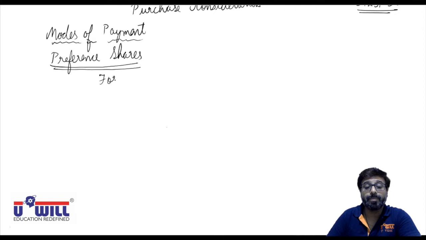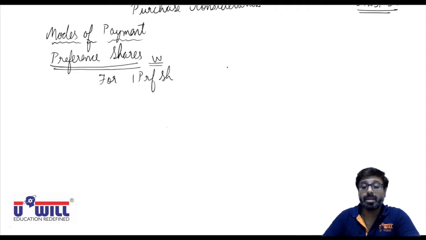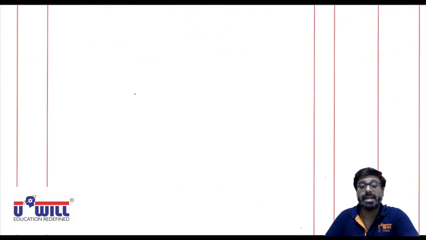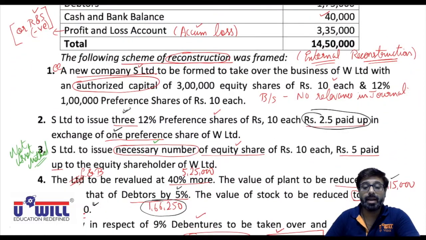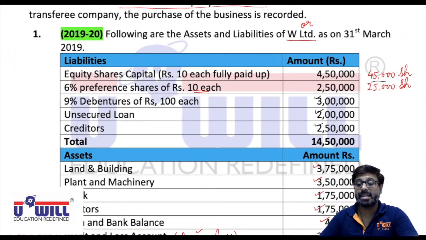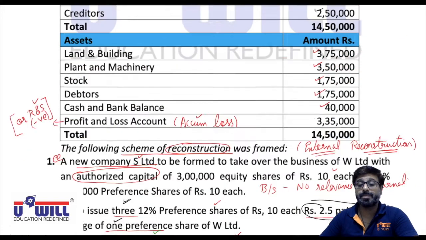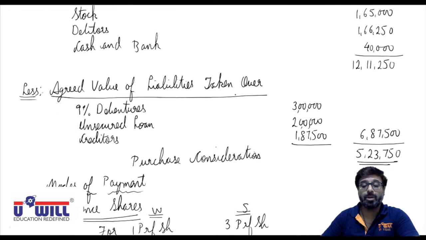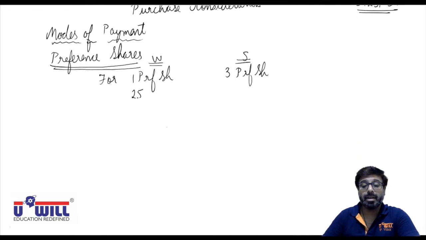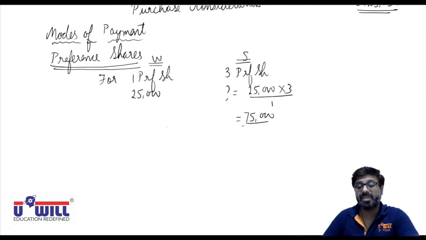For 1 preference share in W Limited, 3 preference shares of S Limited are issued. So you can see that it is 3 against 1. Now, how many preference shares are there in the books of W Limited? 25,000. So for 25,000 preference shares, how many will be issued in S Limited? 25,000 into 3 divided by 1, so 75,000 preference shares will be issued.